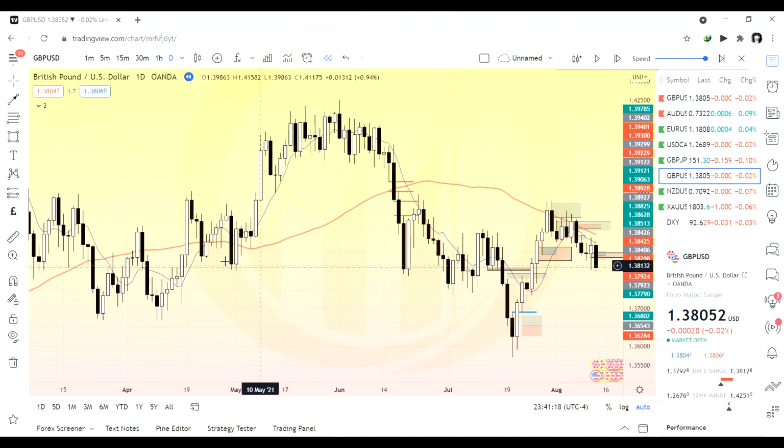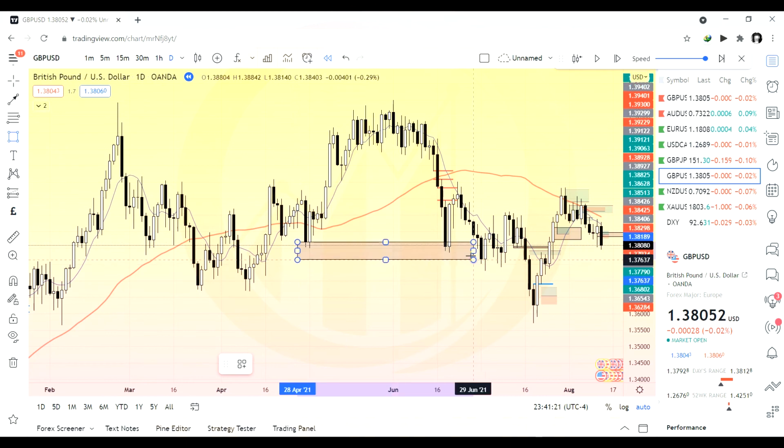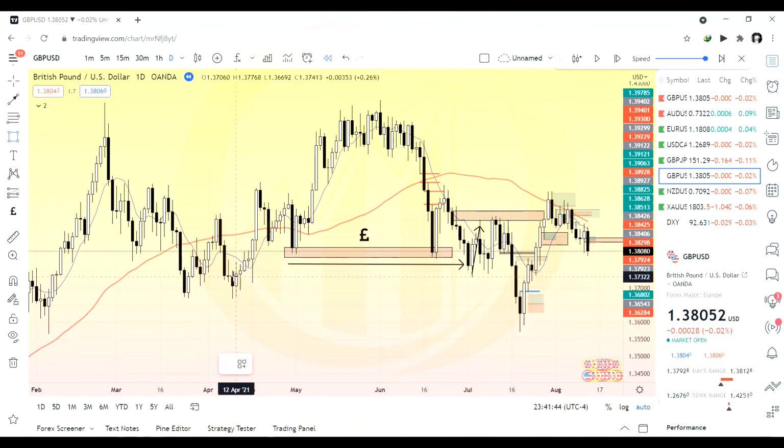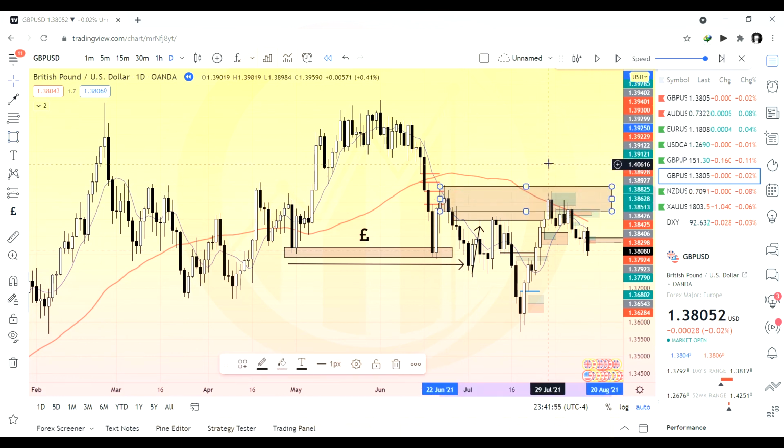So, for example, being able to spot your liquidity, understanding where the banks will take out your liquidity, which is right here, how the market will go upwards after taking out liquidity, hitting these FEGs that may lie on top here, spotting your order blocks that may lie in areas like this.